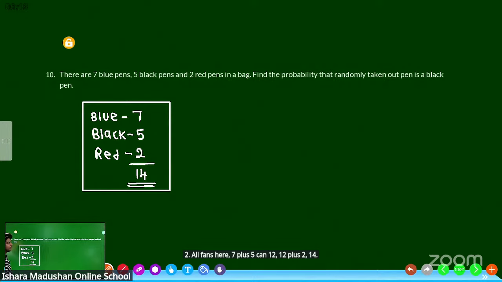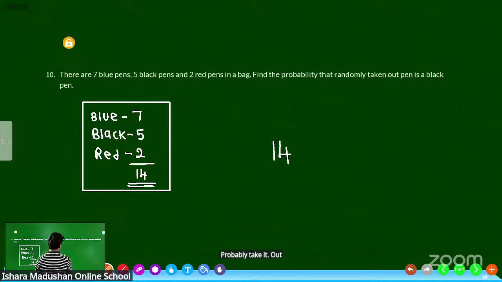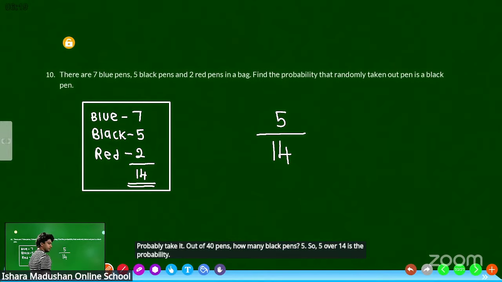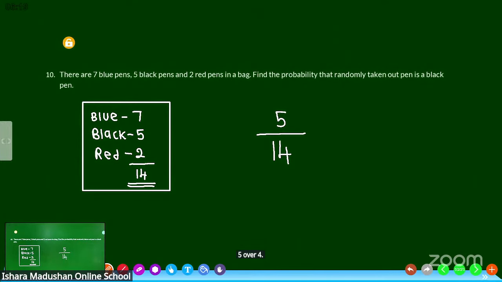Find the probability that a randomly taken out pen is black. Out of 14 pens, how many black pens? 5. So 5 over 14 is the probability. 5 over 14. Because there are 14 pens. Out of 14 pens, there are 5 black pens. So the probability is 5 over 14.